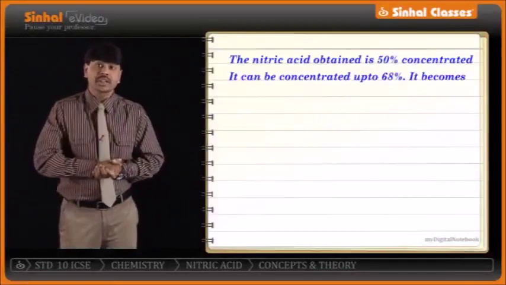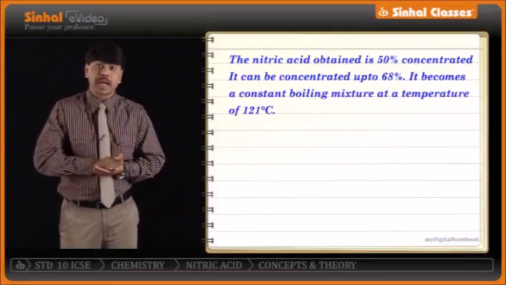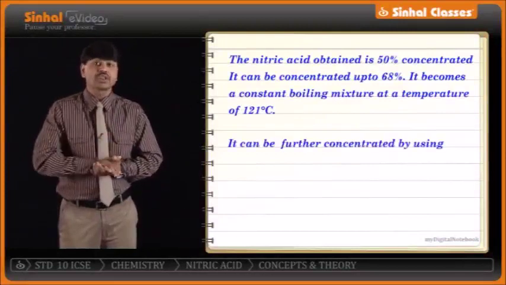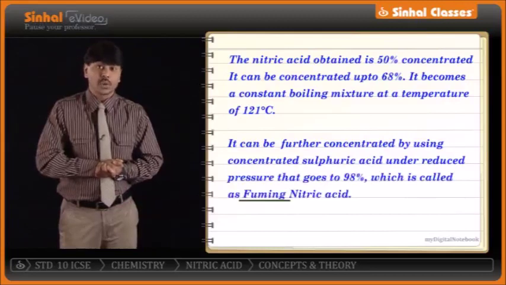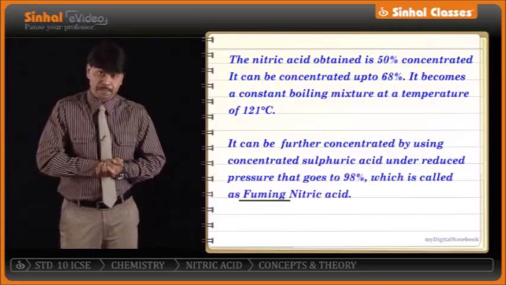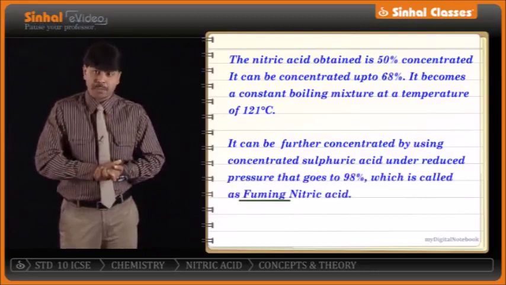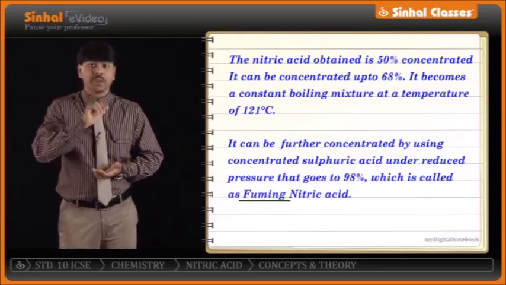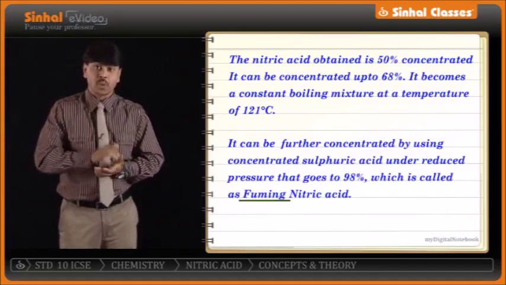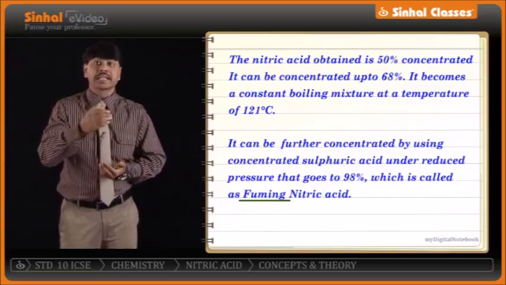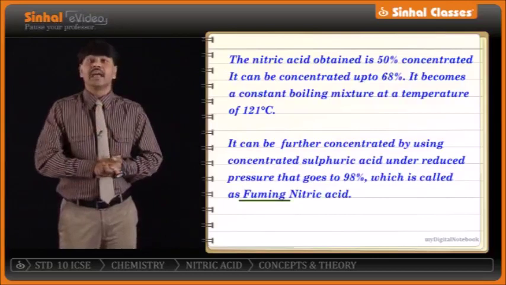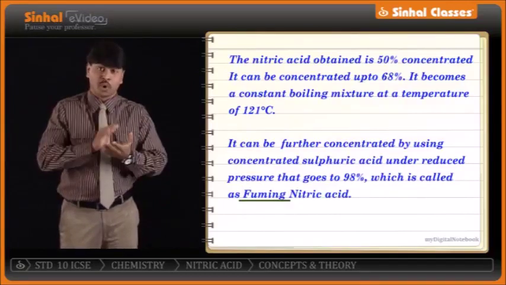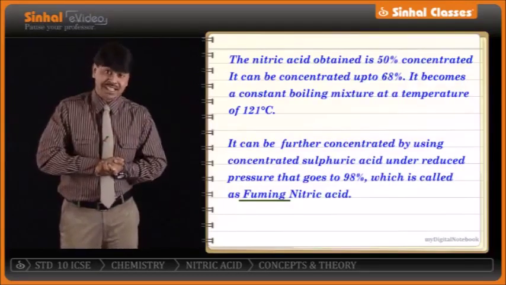This nitric acid which is obtained is 50% concentrated. You can go on concentrating up to 68%. It becomes a constant boiling mixture at a temperature of 121 degrees Celsius. You already know what is a constant boiling mixture. A constant boiling mixture is a mixture which beyond the certain limit cannot be further concentrated, because if you try to do it, it will evaporate equal amount of water and equal amount of acid.